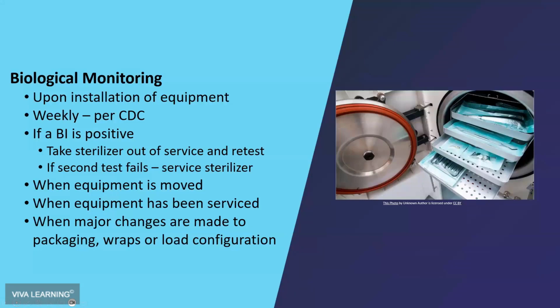What about stacking cassettes on top of each other in the sterilizer? It may or may not be appropriate depending on the manufacturer's instructions from your particular sterilizer. So every brand of sterilizer comes with manufacturer's instructions for use. IFU is the acronym that's used. And you must follow their loading guidelines.